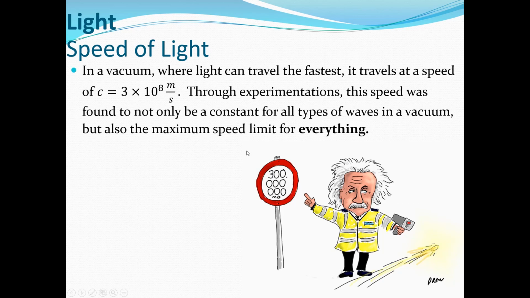Now, it was found that light is the fastest traveling thing. Nothing travels faster than light. And in a vacuum, it has a speed of 3 times 10 to the 8 meters per second. This is the fastest speed that no object can actually exceed.